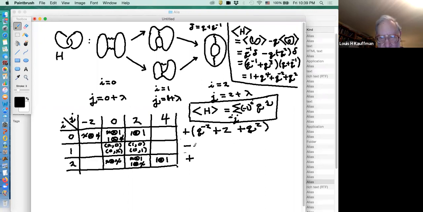Then we get minus, and then we get 2Q to the 0, so that's a 2. And we get Q squared twice, so that's 2Q squared. And then finally, we get 1 Q to the 0, 2Q squared, and Q to the fourth.